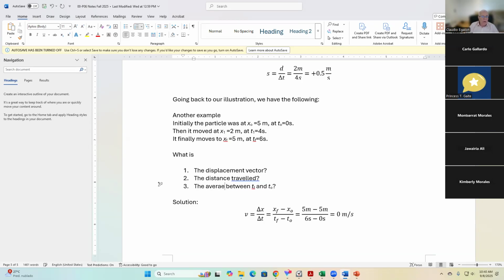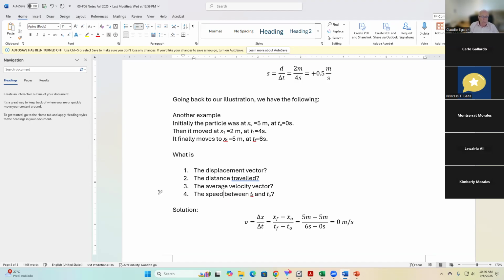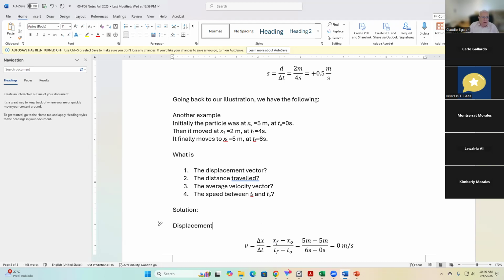The average velocity vector. 4. The speed between TF and T naught. We want all those four, okay? The displacement vector, I skipped the displacement vector, right? But you already have it here. The displacement vector, 1. Displacement.